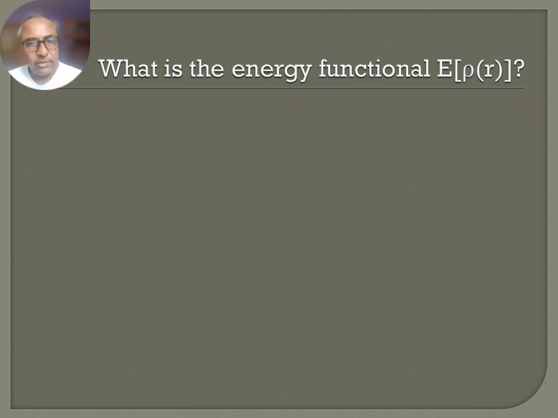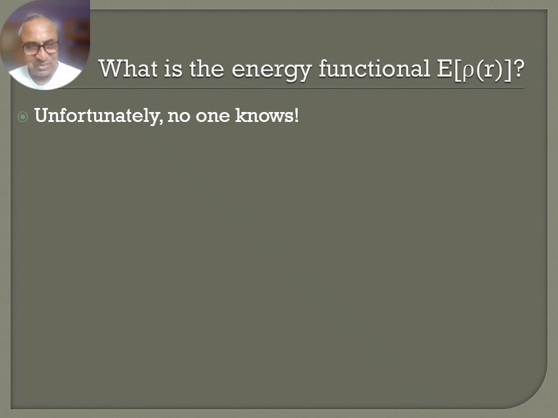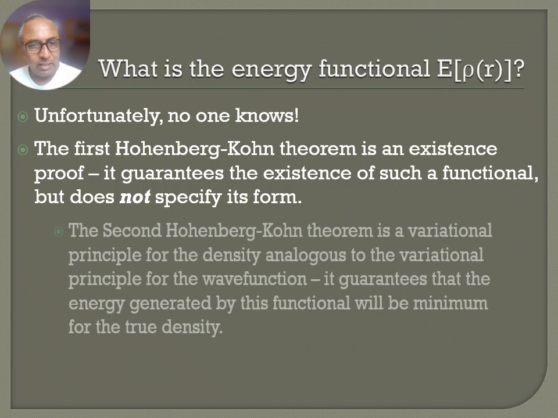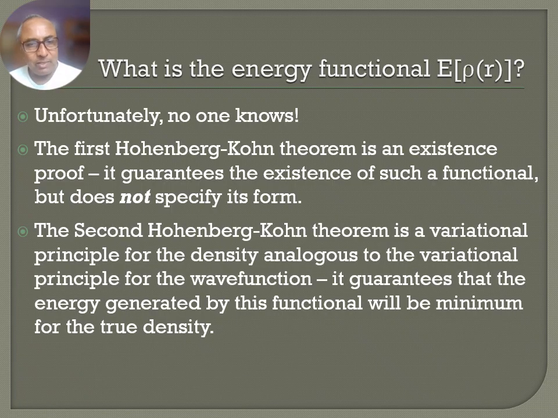So what is this energy functional E of rho of R that we have been talking about? Unfortunately, no one knows. The first Hohenberg-Kohn theorem is an existence proof. It guarantees the existence of such a functional, but it does not specify its form. The second Hohenberg-Kohn theorem is a variational principle for the density analogous to the variational principle for the wave function.